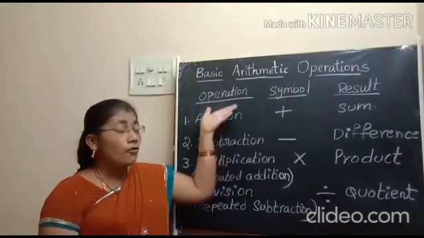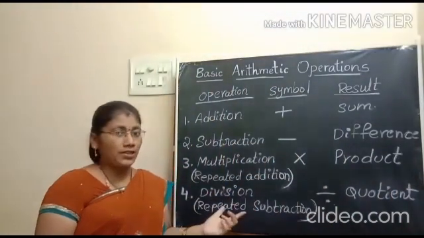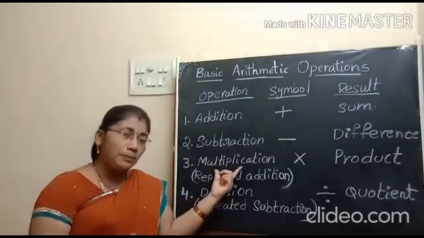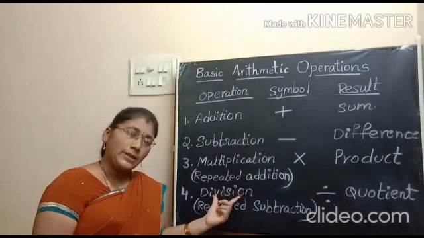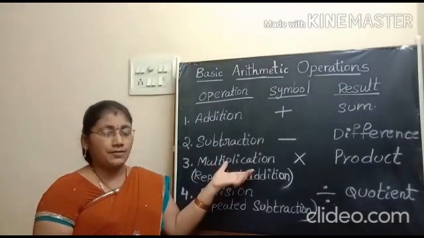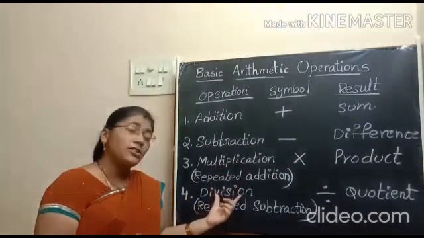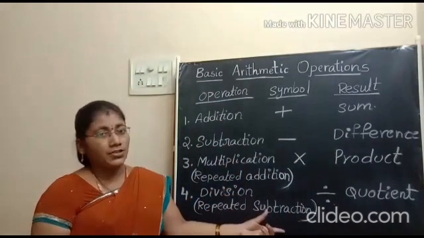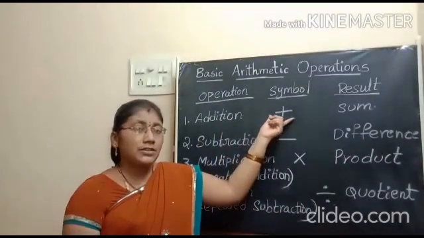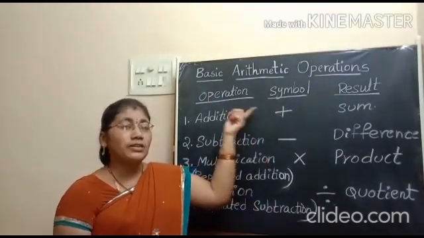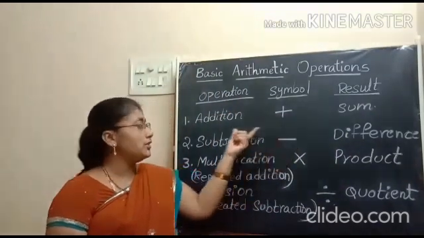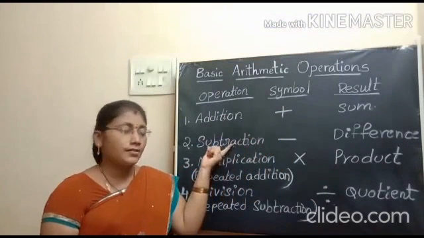Basically we have four kinds of operations. These are addition, subtraction, multiplication and division. Multiplication is also called repeated addition and division is also called repeated subtraction. Symbol plus is used to represent addition, and minus is used to represent subtraction.